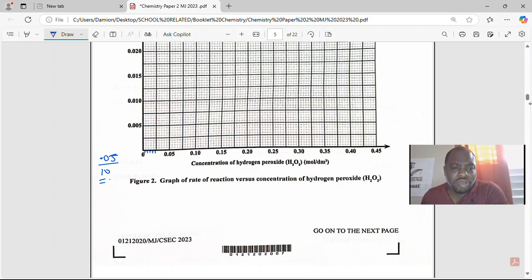Yes, so our answer should be 0.005. So again, I want to be able to just capture the points.